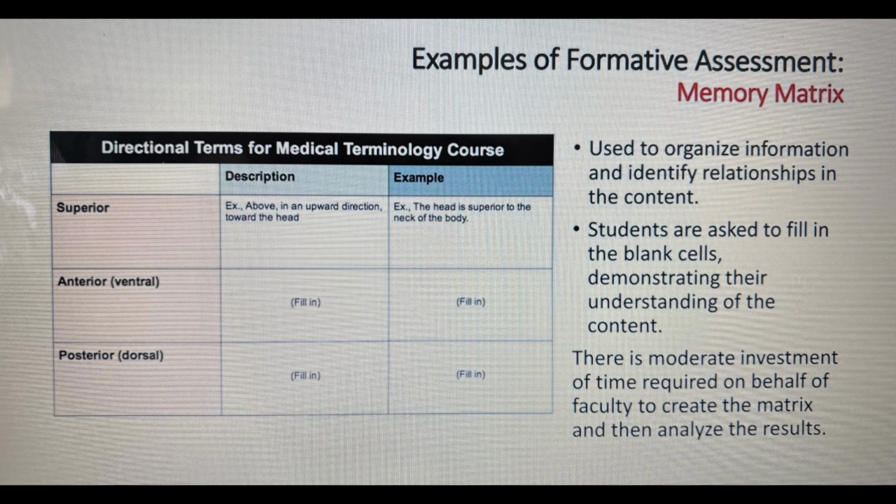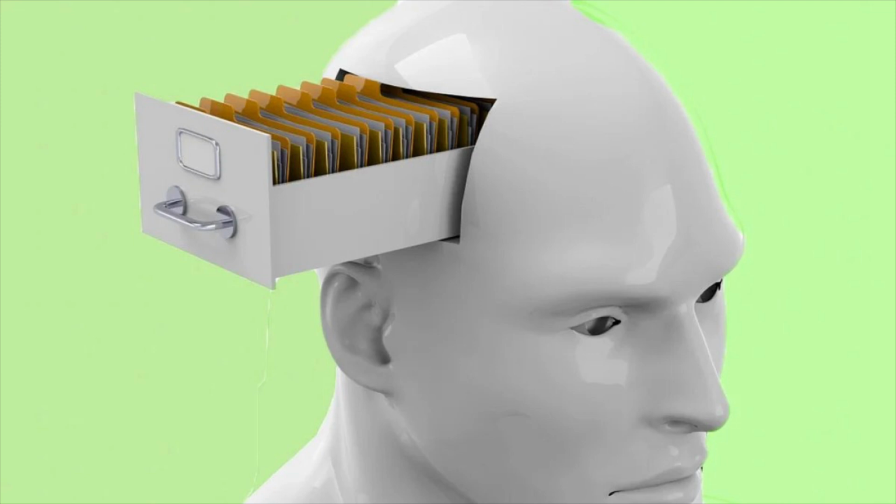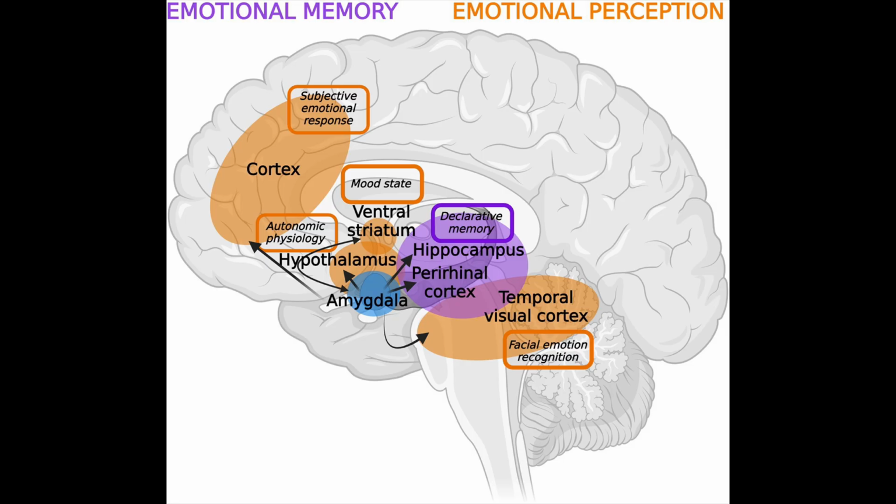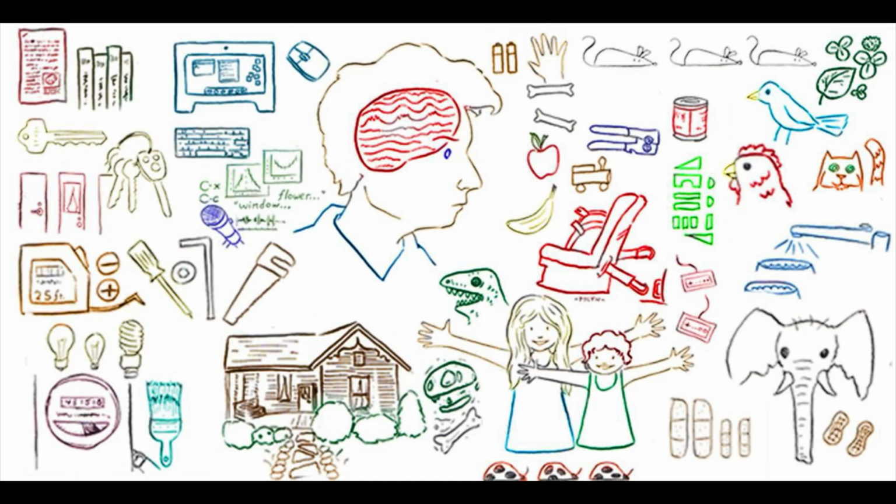On the left, some directional terms are provided. At the column headings, the instructor asks the students to describe the term and also provide an example. As you can see, the memory matrix requires learners to recall important course content and also organize that information based on its relationship with the headings.